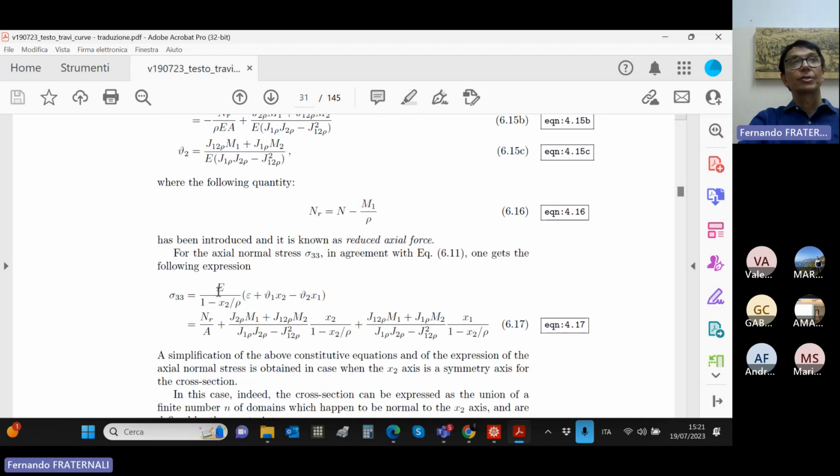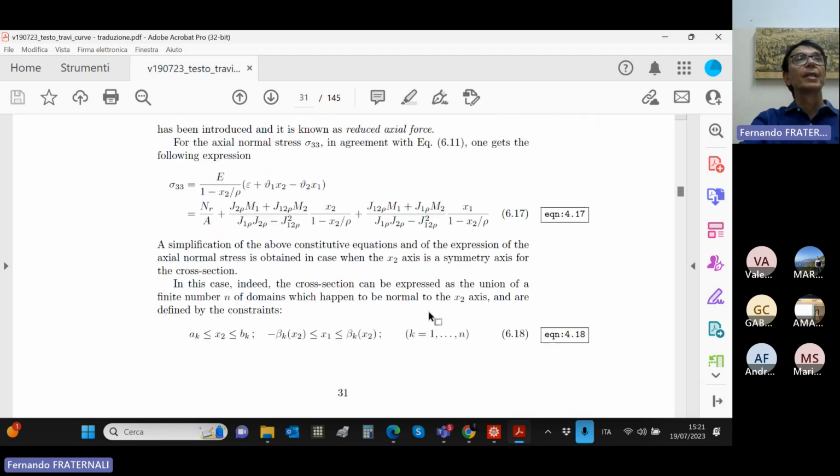Next, we have also the generalized Navier formula for the curved beam, which is cumbersome and has J in place of x2. We have x2 divided by 1 minus x2 over rho, so basically x2 or x1 divided by this quantity.